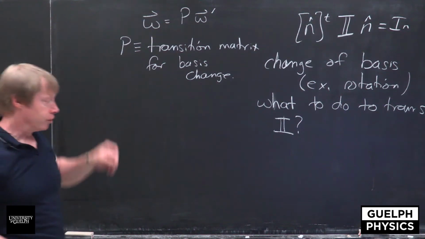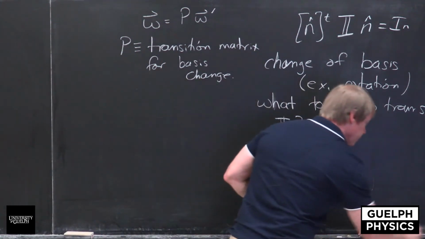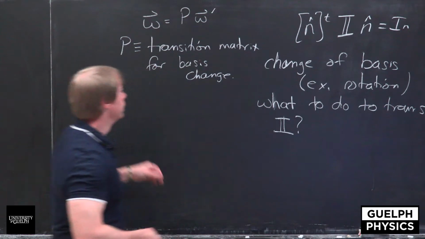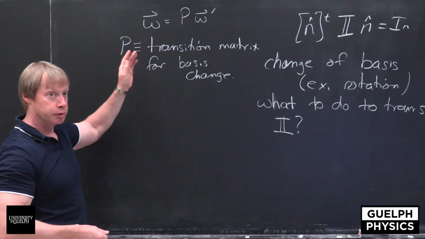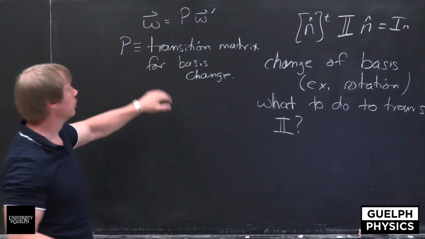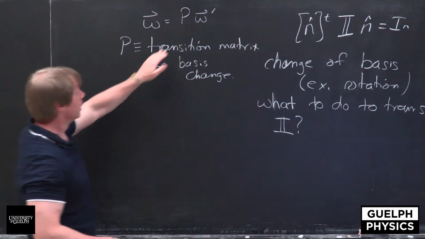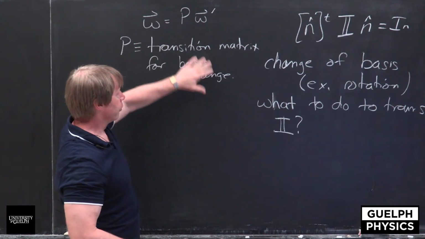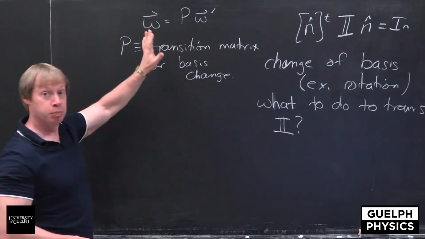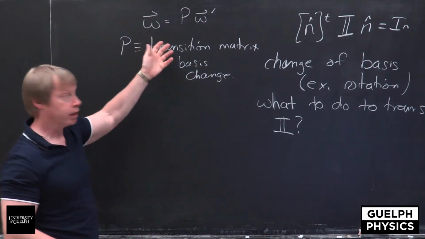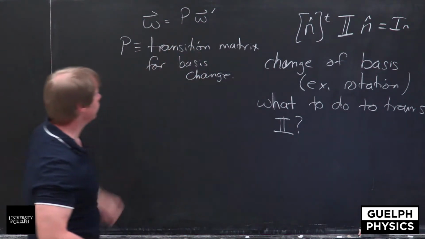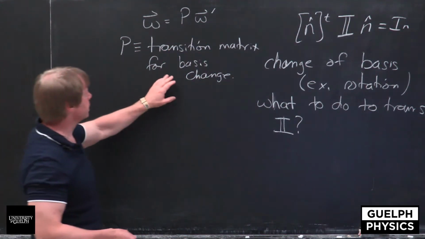So you look back over in the previous notes that we made, especially on the section where we were talking about tensors in general, and we had this transition matrix. So this is for any basis change. We had explicitly written it for a rotation, but this could be for any particular basis change.